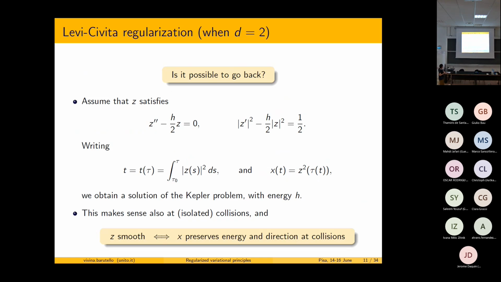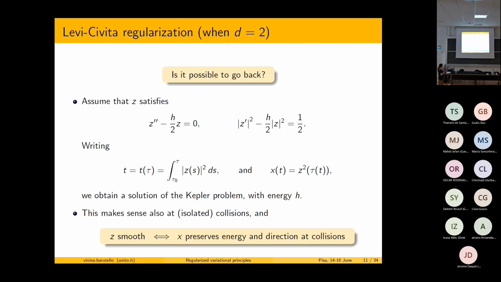And what happens? If you go back, what you find is that you can go back, first of all. So you assume that you have a z that satisfies these two equations here with h negative. You invert the time relation, the x is the square of z, and you really find the solution for the Kepler problem.